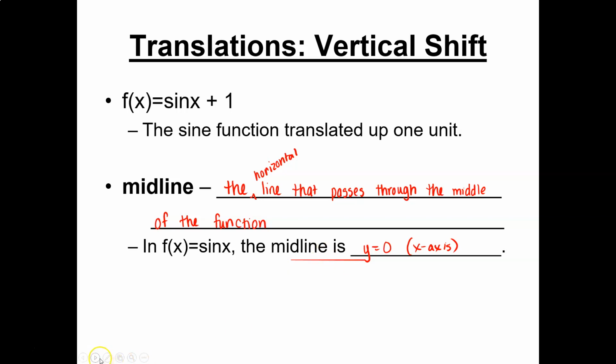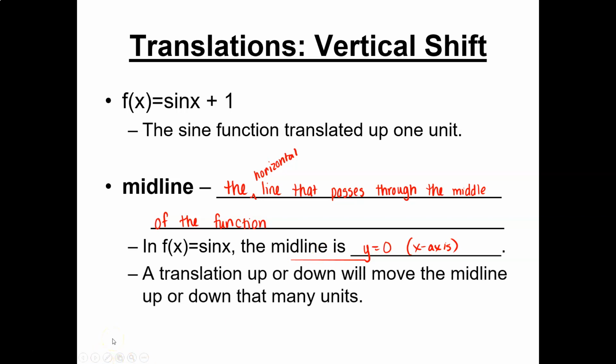So a translation up or down is going to move the midline up or down that many units. A lot of times with trig functions, the question will not ask you for the vertical shift. It'll ask you for the midline of the function. So like up here for this example, the midline for this one would be y equals 1.